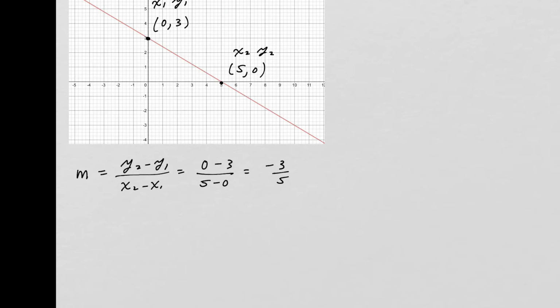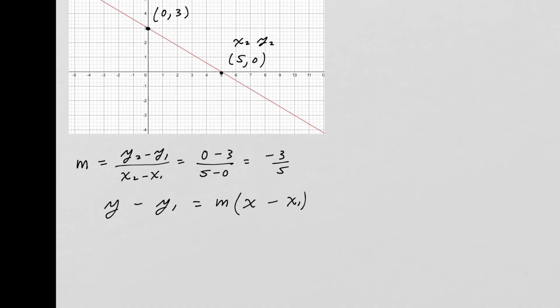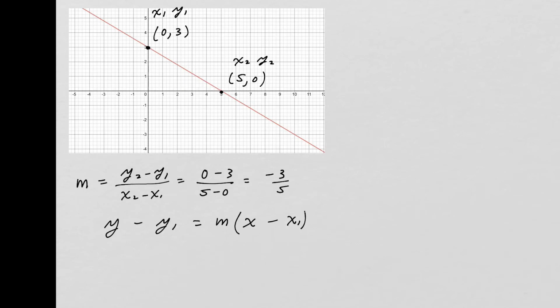And then I could either use the point-slope form of a line or the slope-intercept form, right? It doesn't really matter. Let me just see. I'll use the point-slope form. So y minus y1 equals m times x minus x1. In this case, let me use this as my point. So I'll use (0, 3) as my x1, y1.